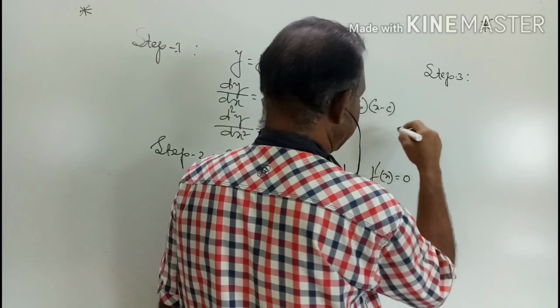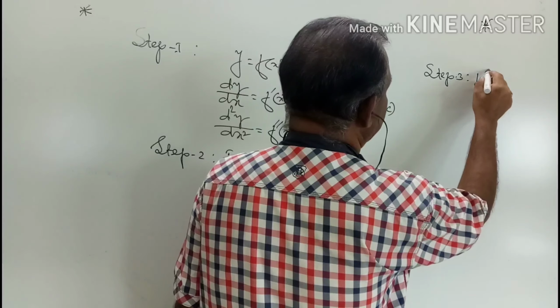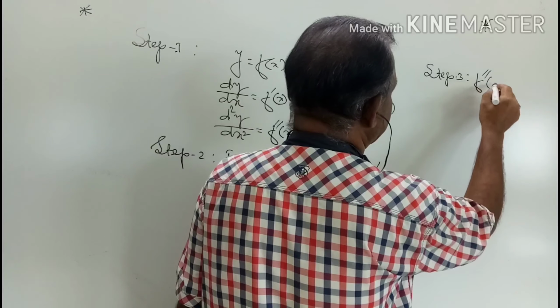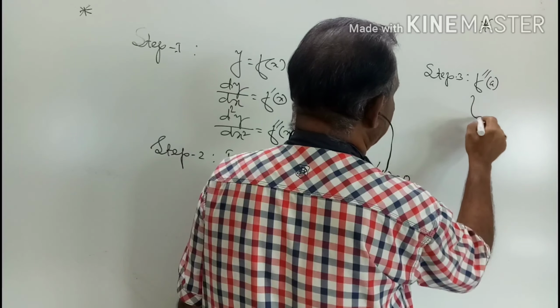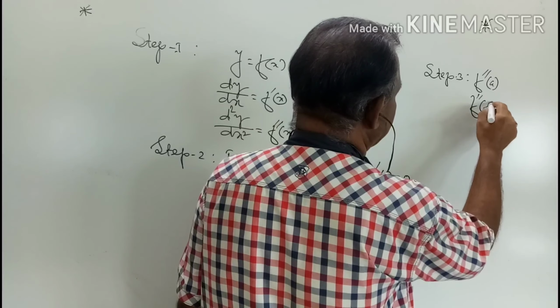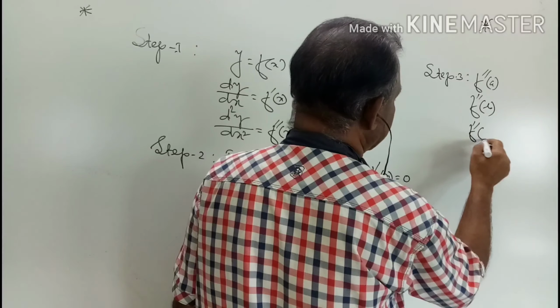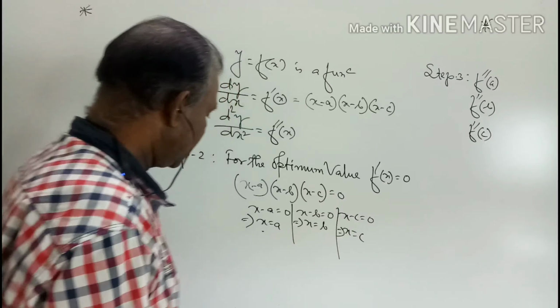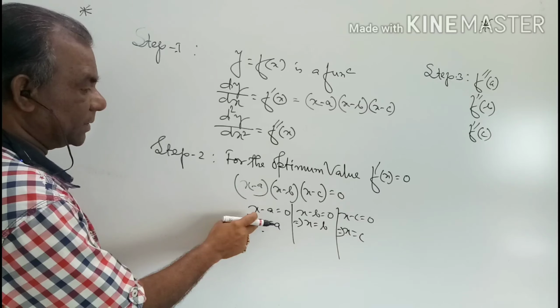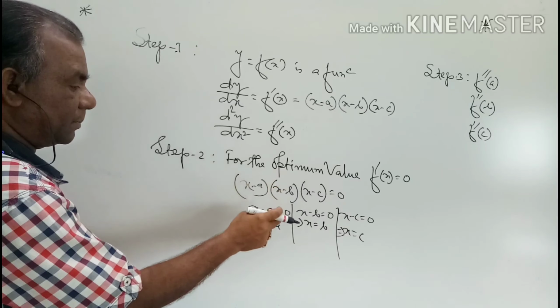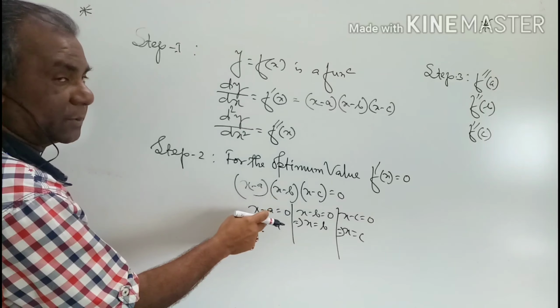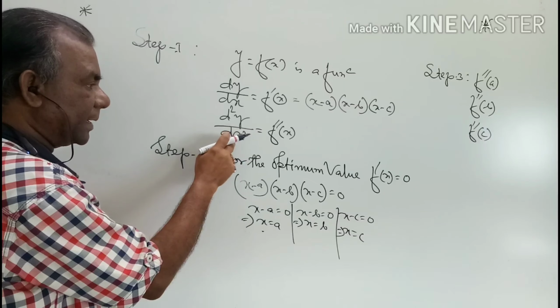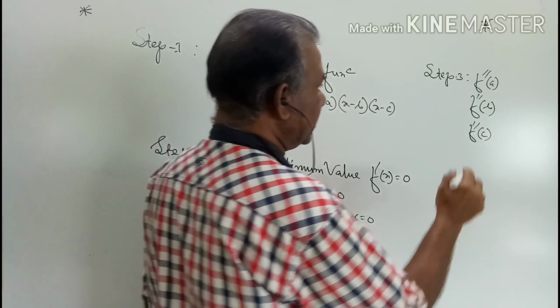Step 3: put these values of x in f double dash x: f double dash a, f double dash b, f double dash c. Put the values of x which you have got from f dash x equal to 0 here.